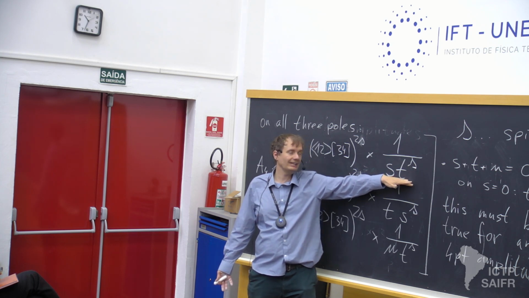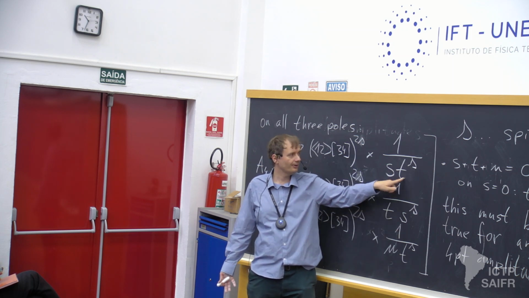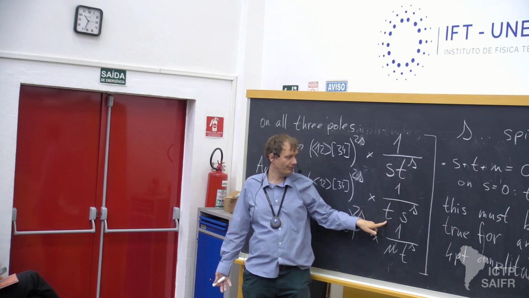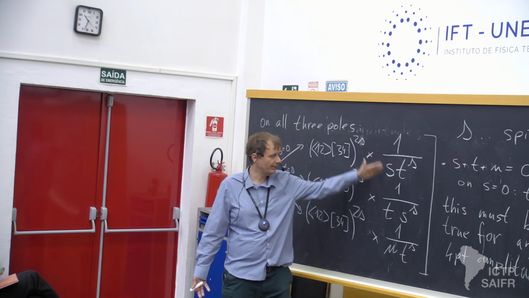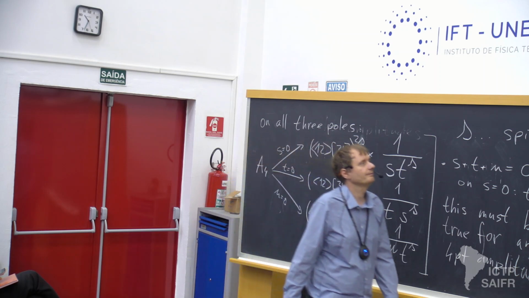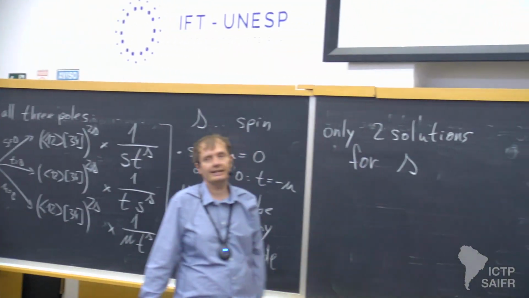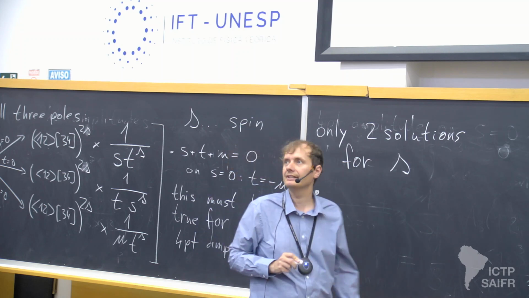But this expression is OK on an S-pole, but it's wrong on the T-pole. Because this is t to the higher power, but I need t to the first power. I cannot have a higher pole in the amplitude. So they seem to be in conflict with each other. So the only two solutions I can get. So this is a restriction on spin.